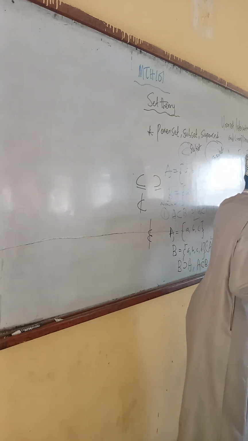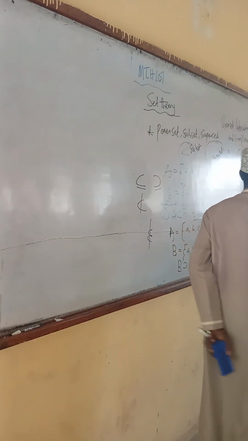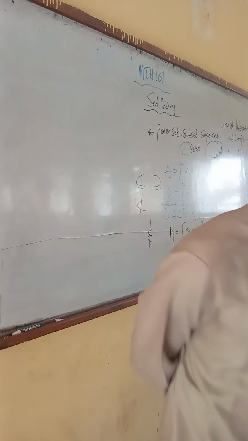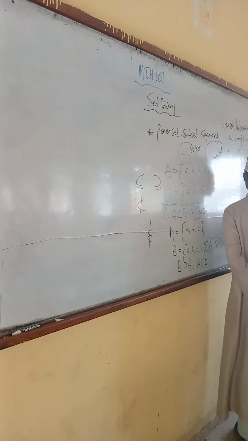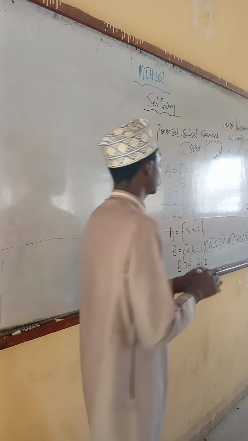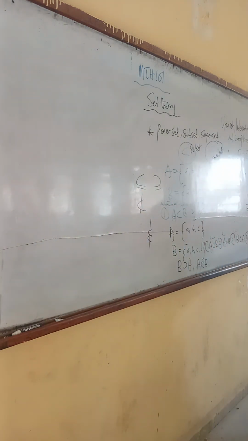It is denoted as this, and it is defined as the elements that are common to both A and B. An element that is common to both A and B.